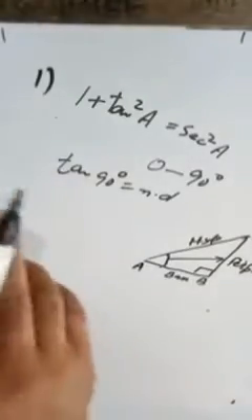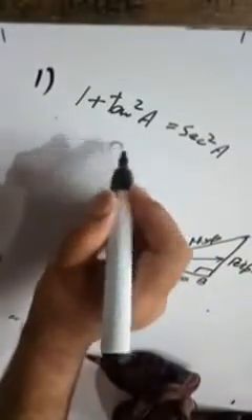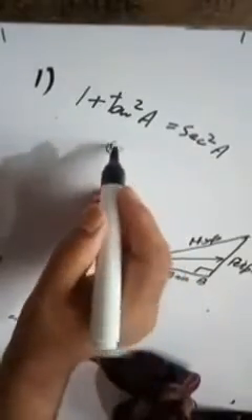Domain means the range, the limit from where we have to take the angles. We have not to choose the angle as 90 degrees. So remember this: we have to select the angles as 0 less than or equal to A strictly less than 90 degrees. That means A should not be 90 degrees. It can be 0, but it cannot be 90 degrees.